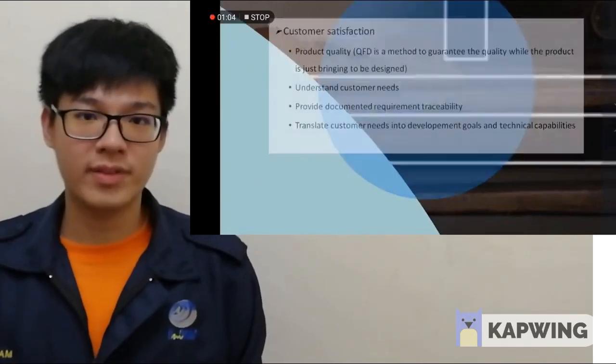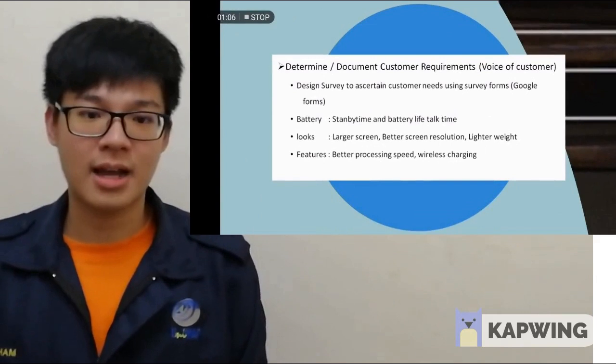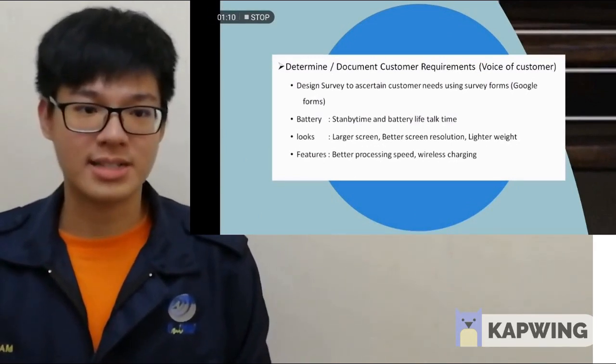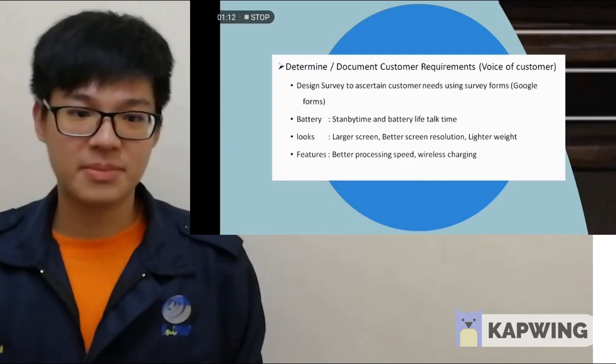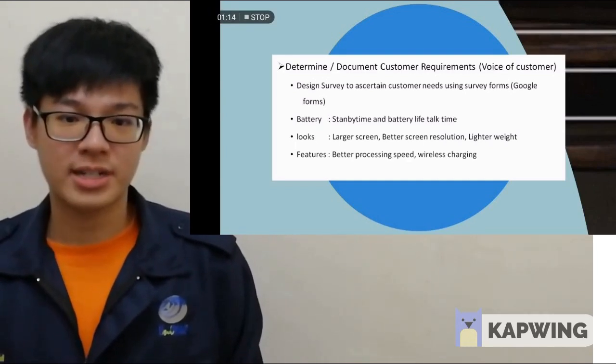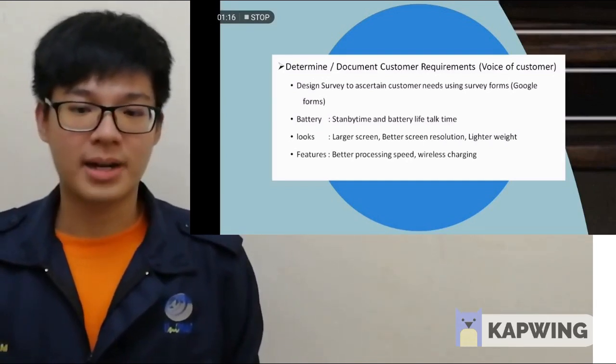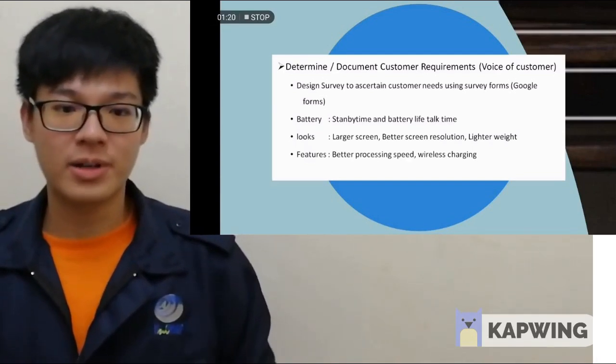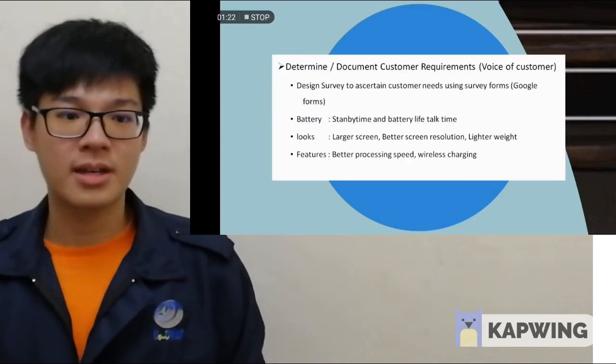Besides that, through QFD, we'll get to determine and document customer requirements, also known as the voice of the customer. Targeted customers included in the project are employees from the sales, marketing, vendor management, terminal test, and network quality assurance departments.